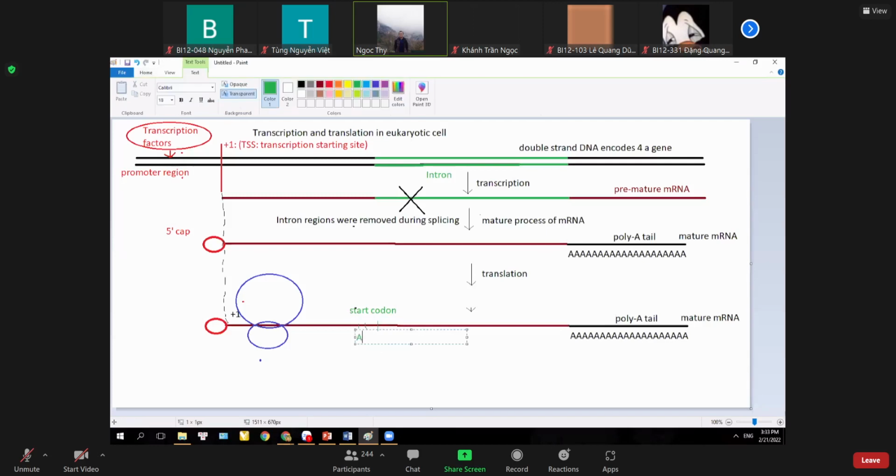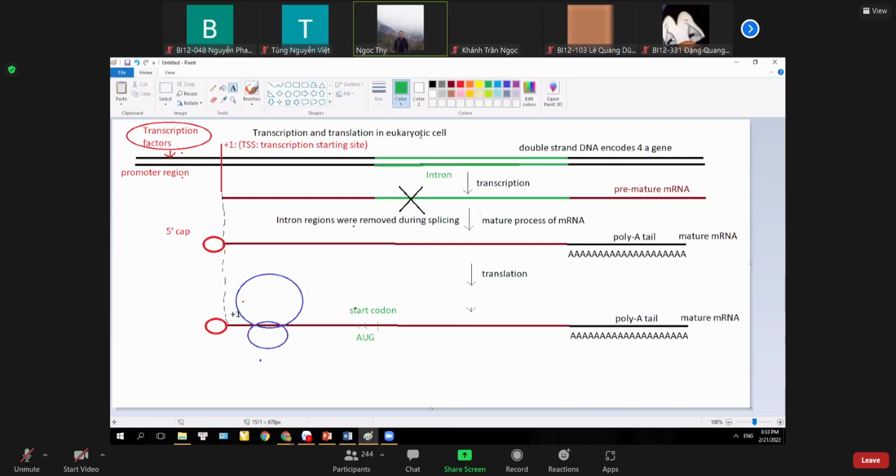The start codon is AUG, which encodes for methionine. So from this position, it will start to synthesize the polypeptide.